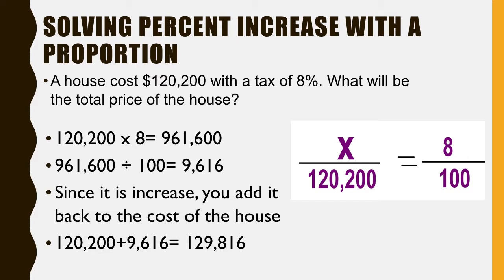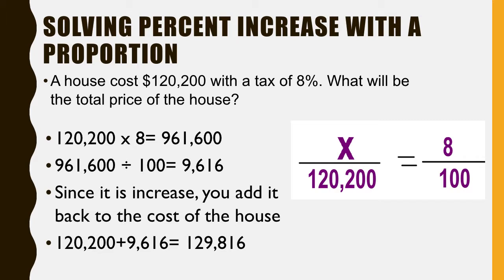So the two numbers that are across from each other, you multiply 120,200 times 8. 961,600. Then you divide that answer by 100. Get 9,616. But we are not done.